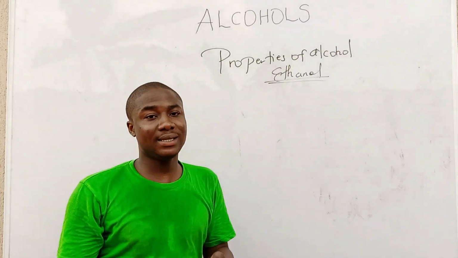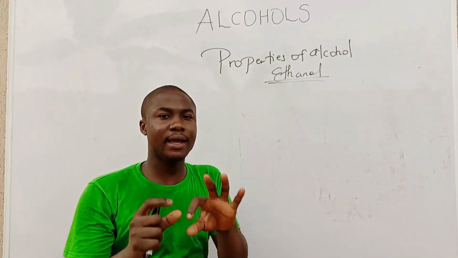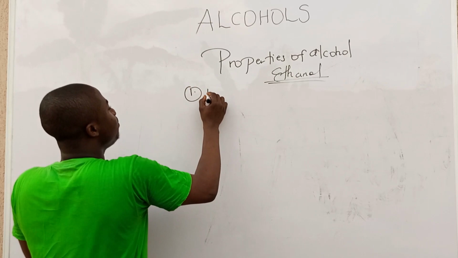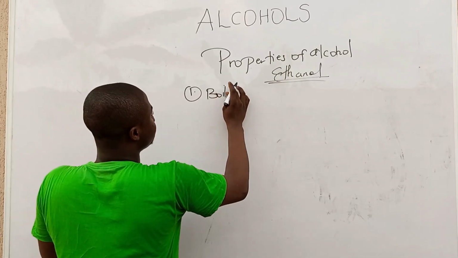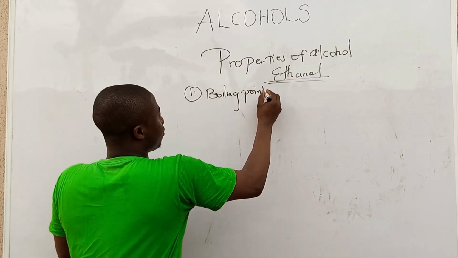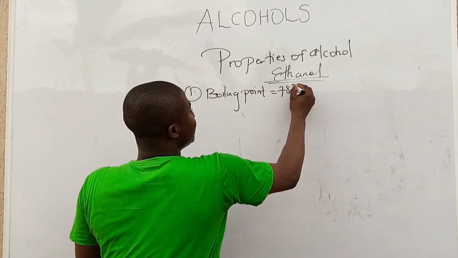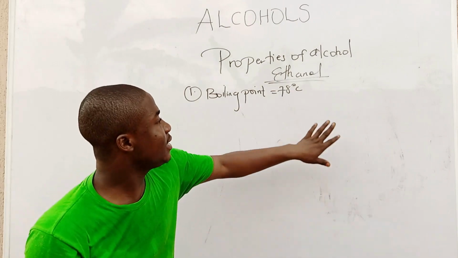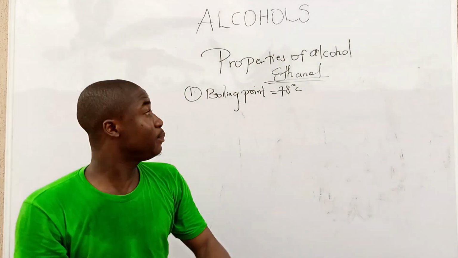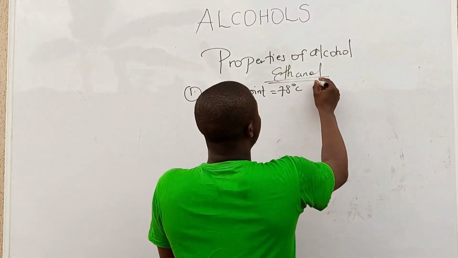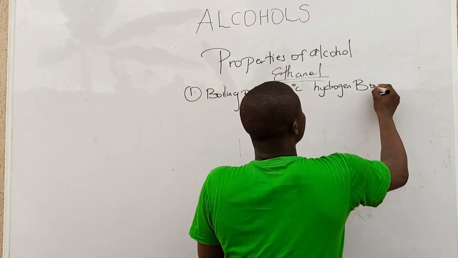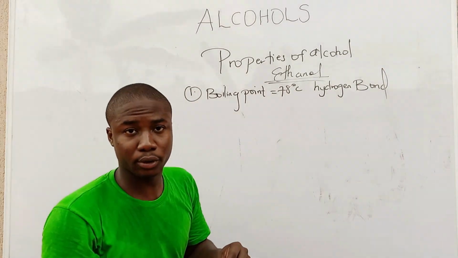Basically, ethanol is an alcohol that has a boiling point of about 78 degrees Celsius. You can see that the boiling point of ethanol here is high. The high boiling point of ethanol is due to hydrogen bond.